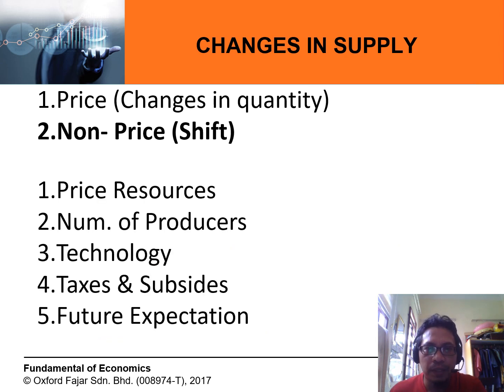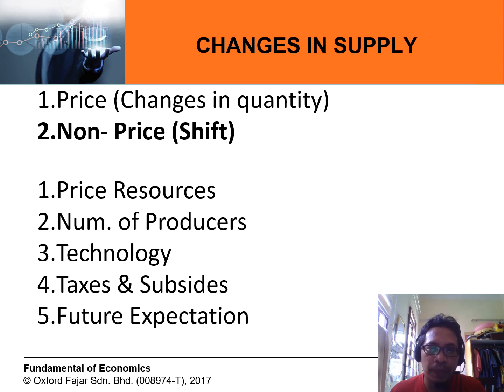There are 5 factors that can shift the supply curve. First, the price of resources. If the price of resources or raw materials being used to produce the good increases, the supplier will reduce their production, since they will not make a high profit due to the high price of resources.